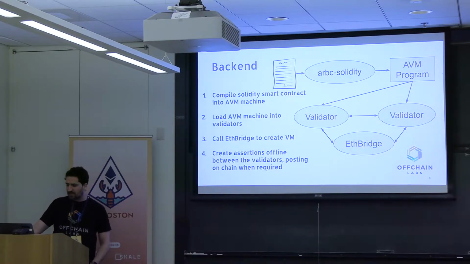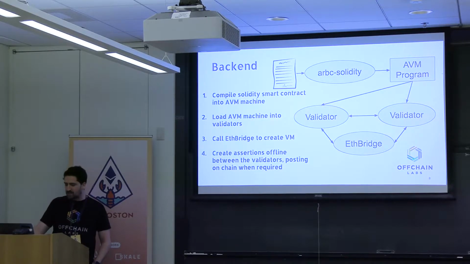So a little bit about what Arbitrum looks like from a technical perspective. The process of using Arbitrum is reasonably straightforward. You start with a Solidity smart contract, and you compile it down into a virtual machine just by running the compiler. And the main way we support this right now is as a plugin to Truffle.